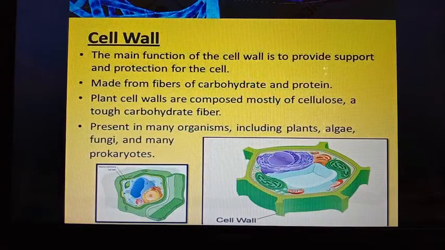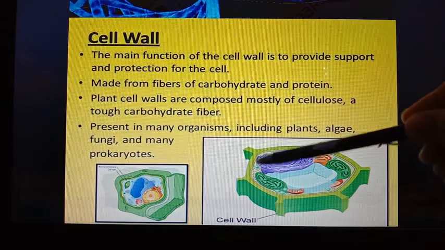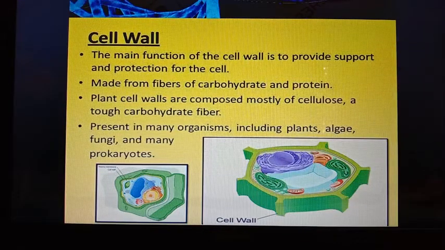Next is cell wall. In plant cells and the cells of some other organisms like algae, fungi, and many prokaryotes, out of the cell membrane there is one more layer known as cell wall. In the diagram you can see that out of the cell membrane the cell wall is present.